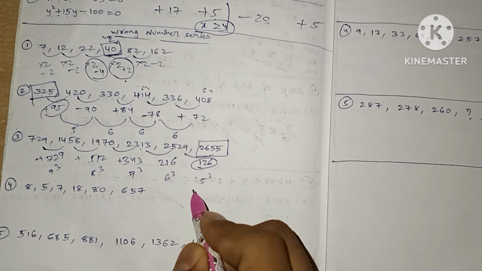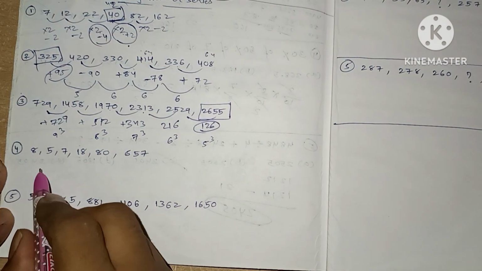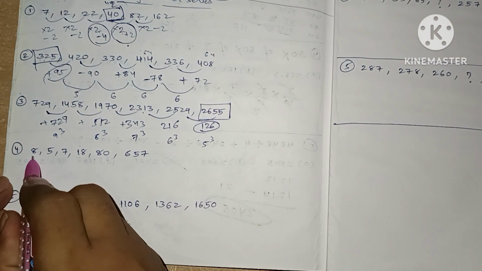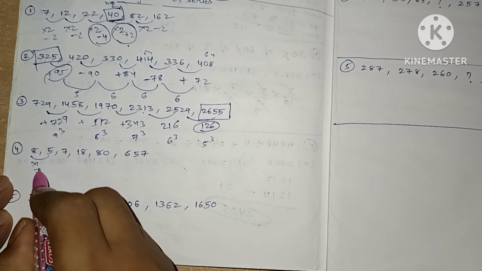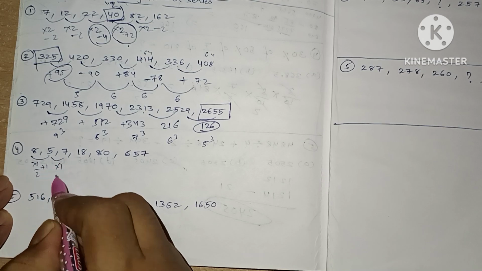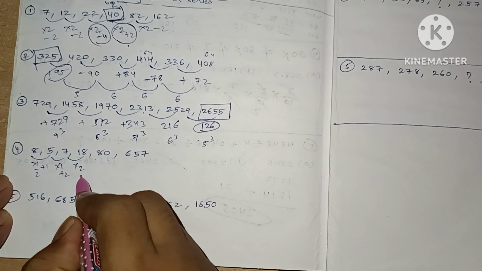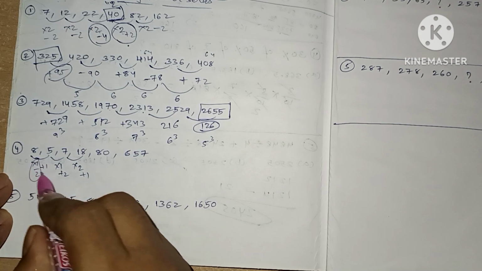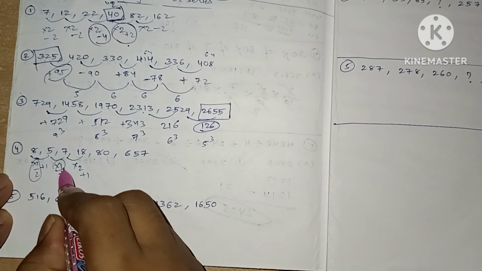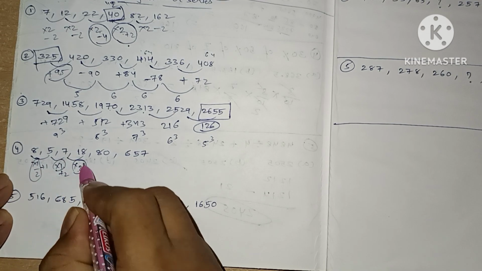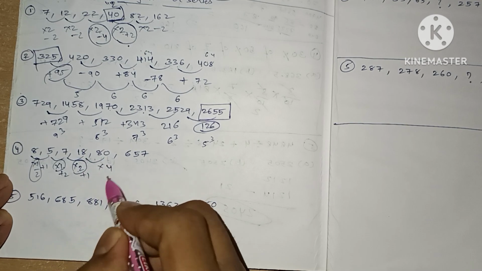Next one. Here we see into half times 4 plus 1, into 1 times plus 2, it is into 2 times plus 4. So this is into 2 times we get 1, into 2 times we get 2, so the next one must be into 4 times.